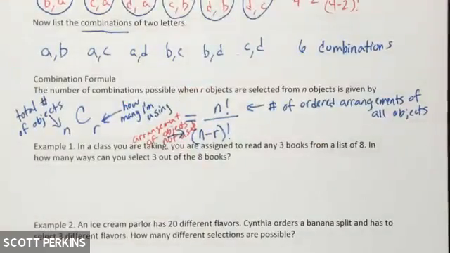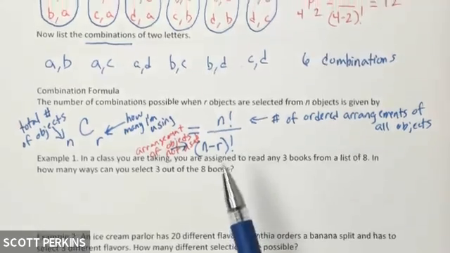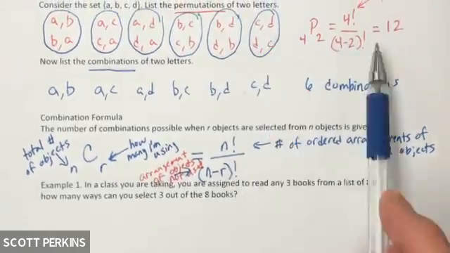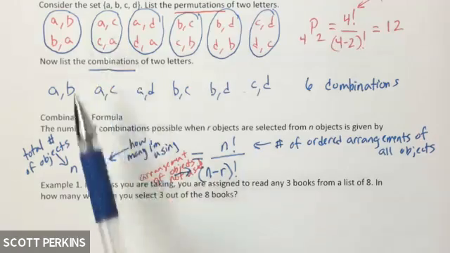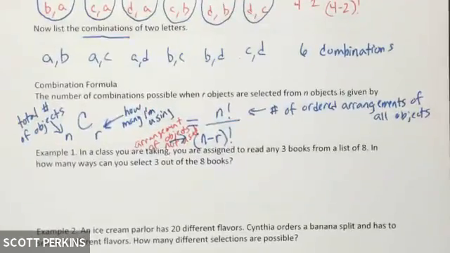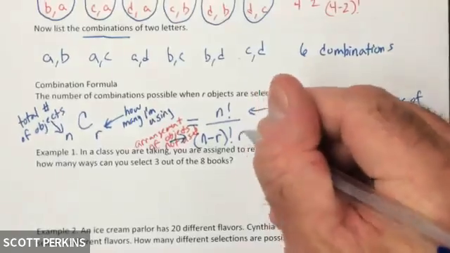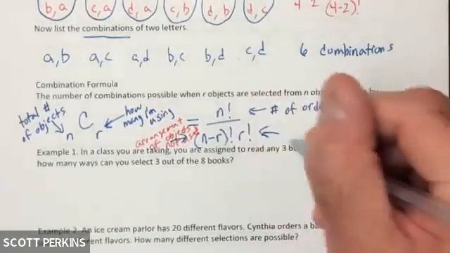So n minus r factorial is the arrangements of the objects that are not being used. So far, that's the permutation formula. That's the number of ordered arrangements of the objects. So in my example, using this gave me 12, and we can count them right here. So what we have to do to indicate that order doesn't matter is now we're going to divide by this r factorial, and that's the duplicates.